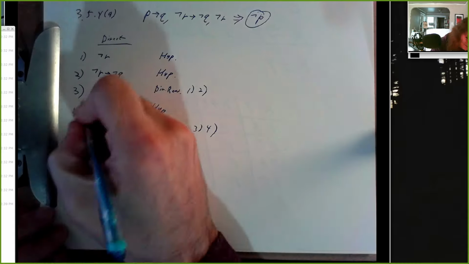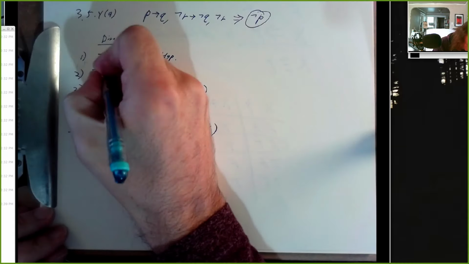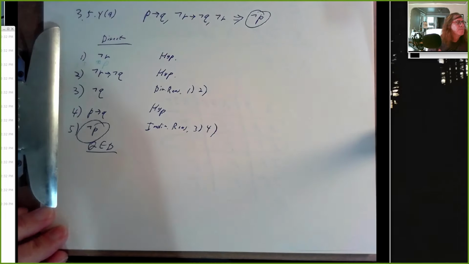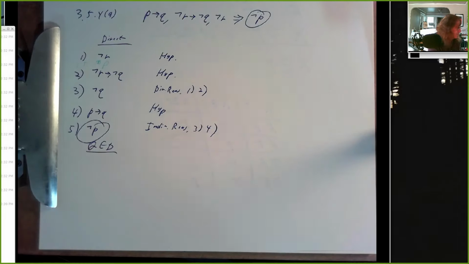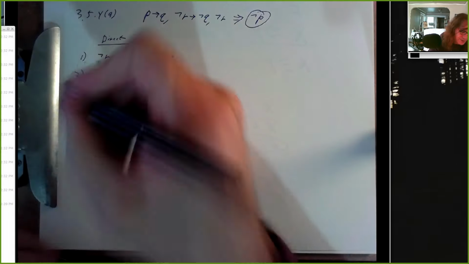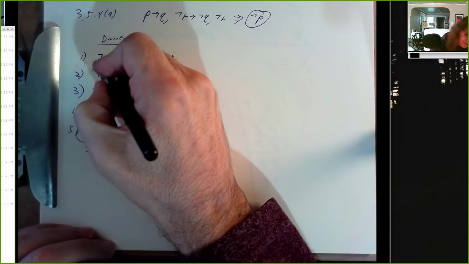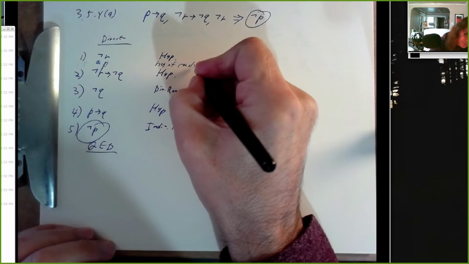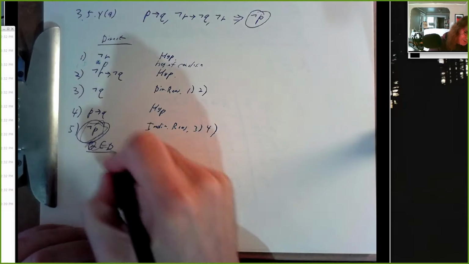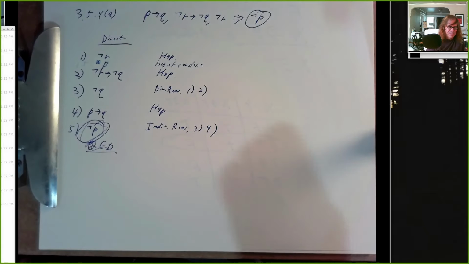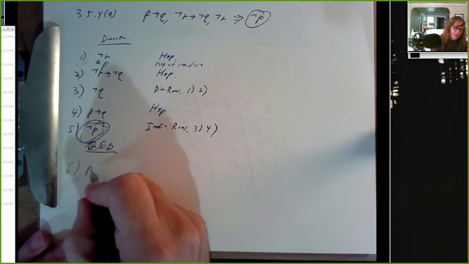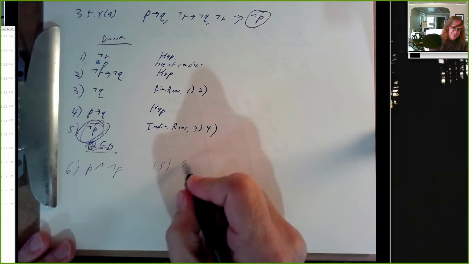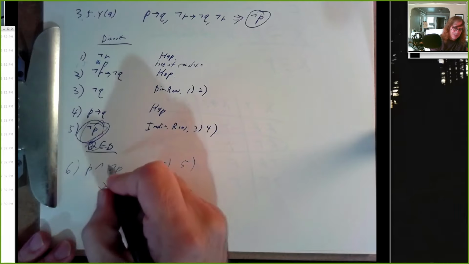Well, I could throw some step in here which says P, and that's the negation of the conclusion. And I can go through my direct proof and prove not P, and now I can say P and not P, and that's from steps 1.5 and 5, and that's a contradiction.